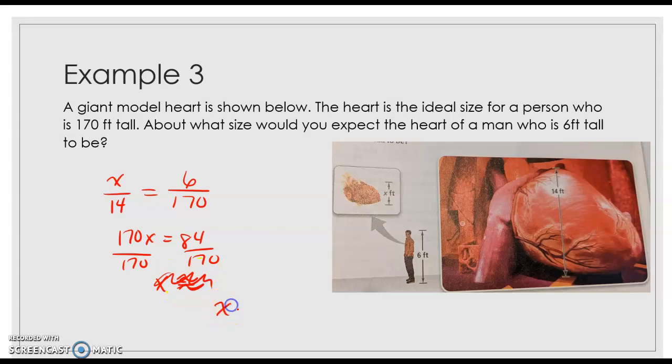X is approximately 0.49 feet. And I had to round, so that's why I say approximately 0.49 feet. So about half a foot is the size of a heart inside a 6-foot man.